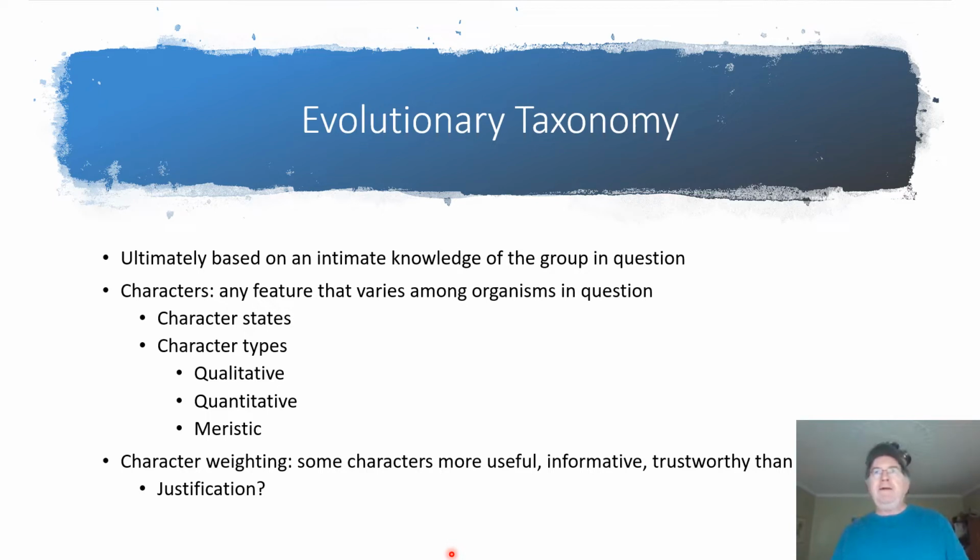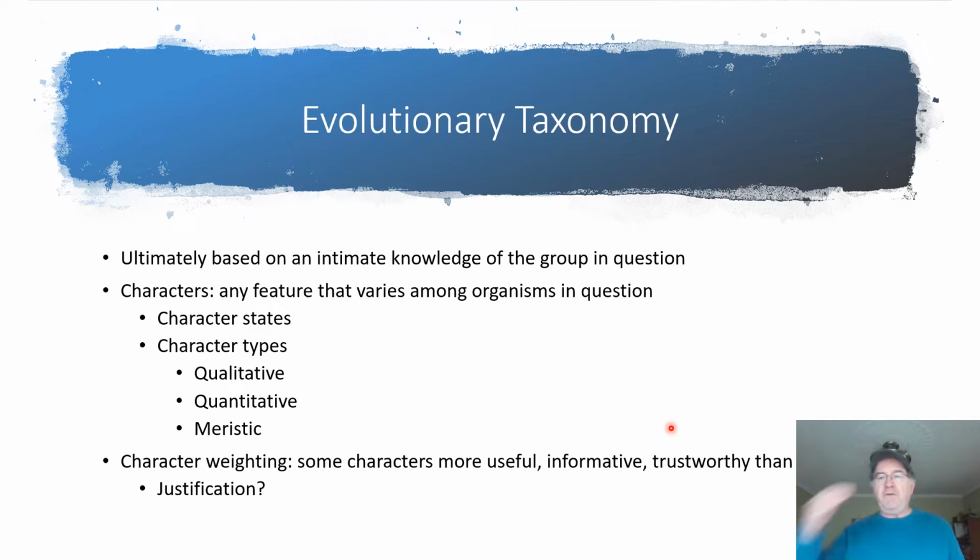And then we can measure the variation in a population to get average height, median height, variance in height or length or whatever in an organism. So qualitative is usually A or B, black or white, these sorts of categorical characteristics. Quantitative is something we can measure and put a number on. Meristic characters are actually, I suppose, a subset of quantitative characters.